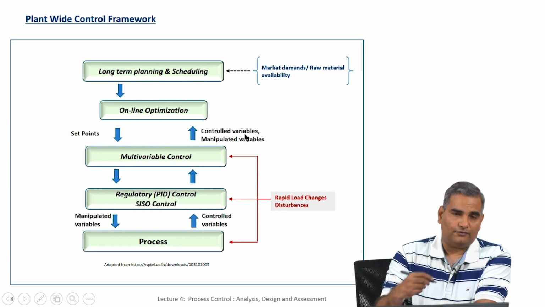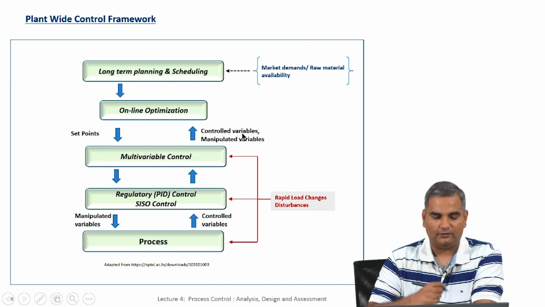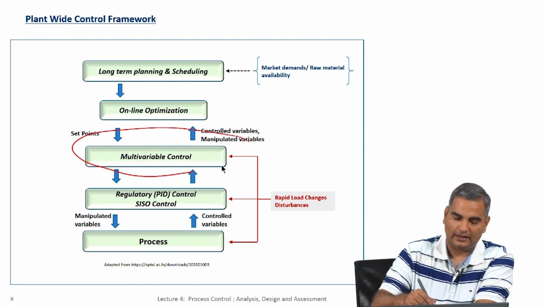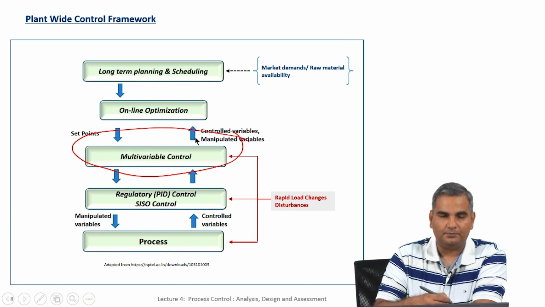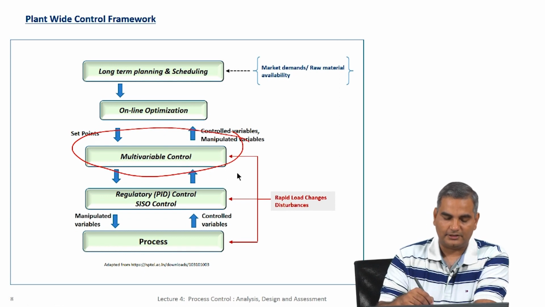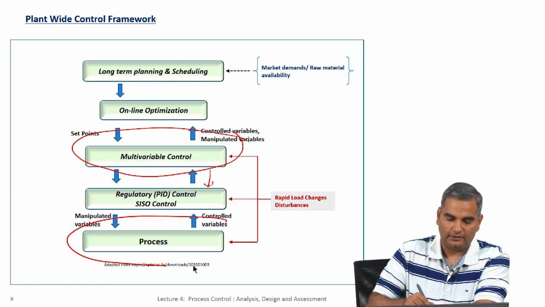In terms of connecting this to the overall control framework, in real life you will have these multivariable control problems where you have to manipulate multiple inputs to control multiple outputs, and as we mentioned before, those are broken down into several SISO control problems, which is what is implemented in the process.